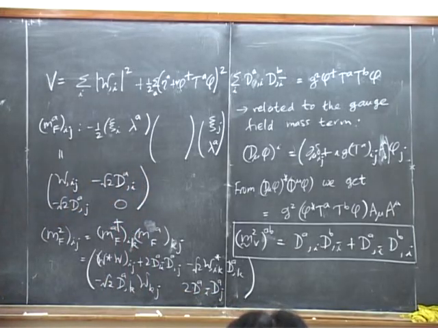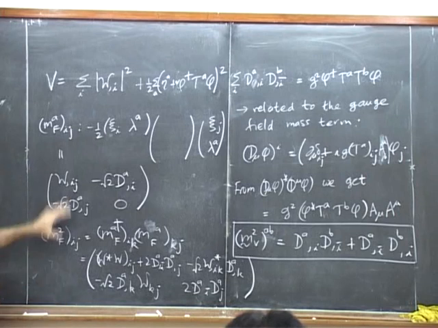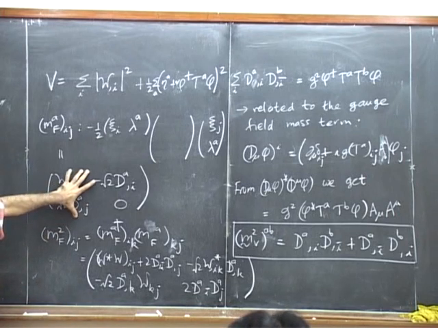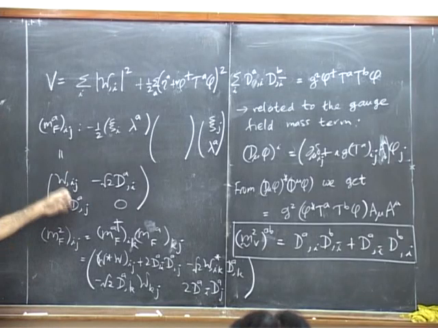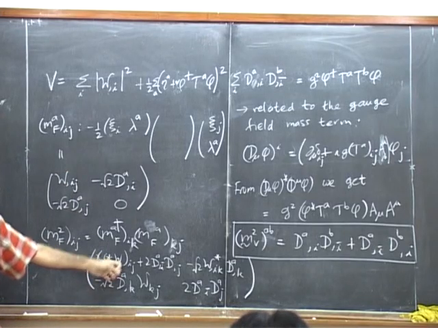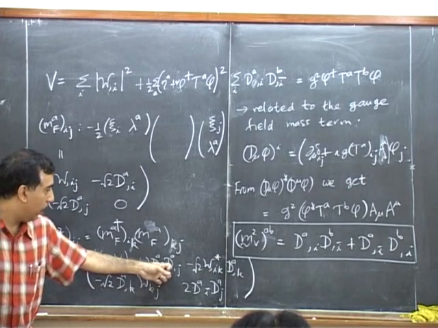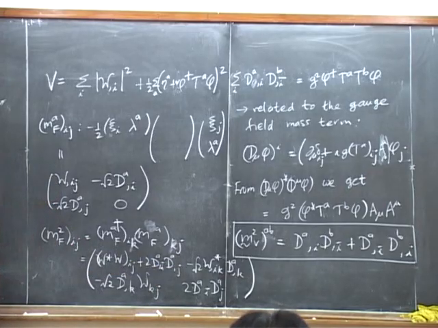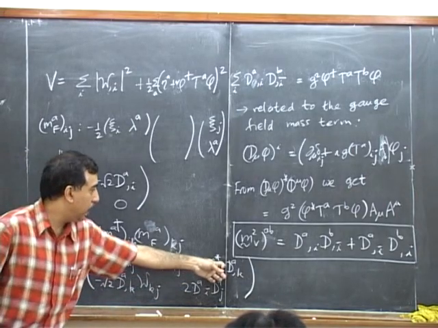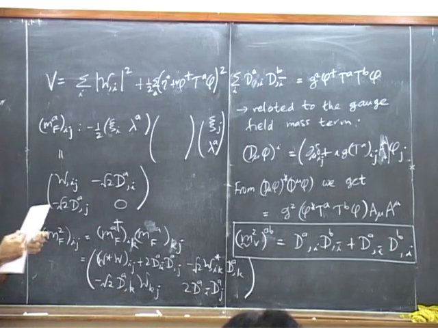So it's a 2 by 2 matrix obtained by taking this and multiplying it by its own dagger. Thereby you get W star W, you get D A I bar, D A J, terms like that. And then here you have something complex, here you have its conjugate. I think there's some index.